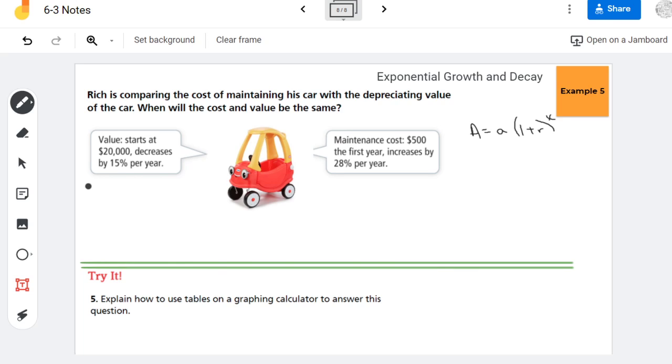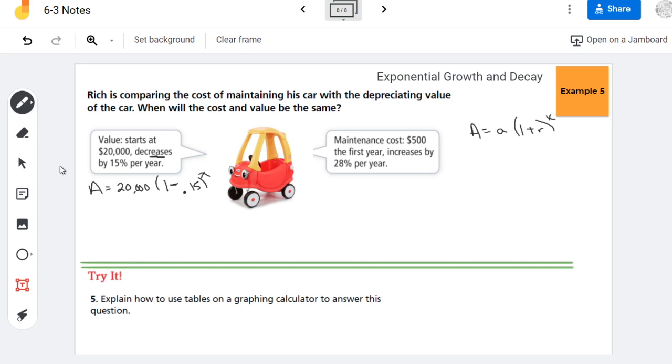So when I do this, my value starts at $20,000, so that's the number I put for A, and then because I'm depreciating, I'm decreasing here, I'm going to put 1 minus this rate. And remember, that rate has got to be a decimal, not a percentage.